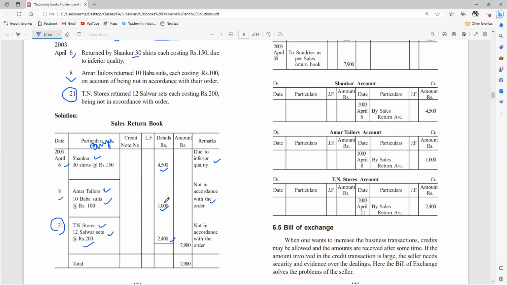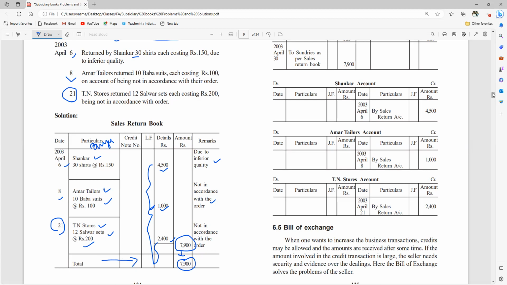So the total is 4,500 plus 1,000 plus 2,400, which is 7,900, right? That 7,900 rupees should be recorded here. That is the total of your sales return book. If in case we are preparing the ledger, that will be debited in the sales return account.